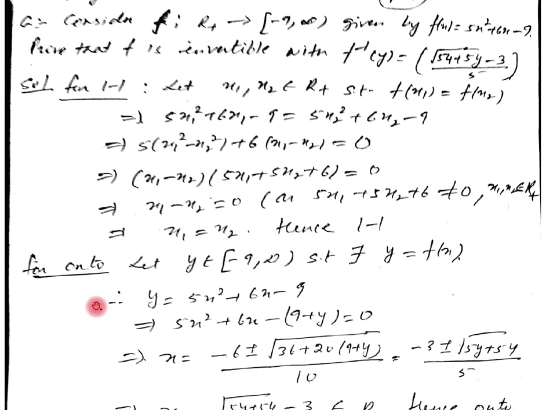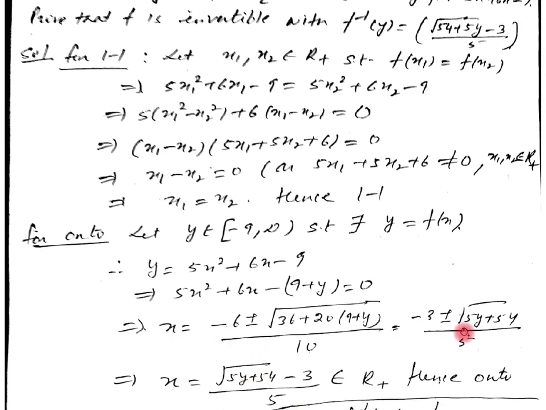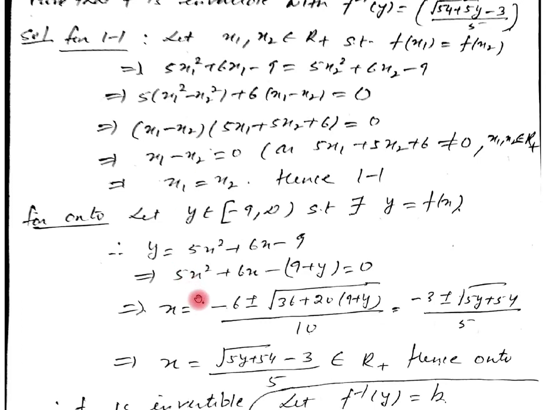Whenever we have to prove the function is onto, we will take any arbitrary element from the codomain and then prove there is at least one x in the domain. So let y belong to this such that y equal to f(x). Then we have to put x in terms of y, and for that we prove that it belongs to the domain of the function.